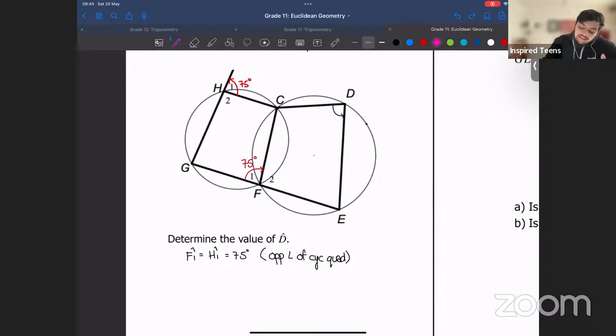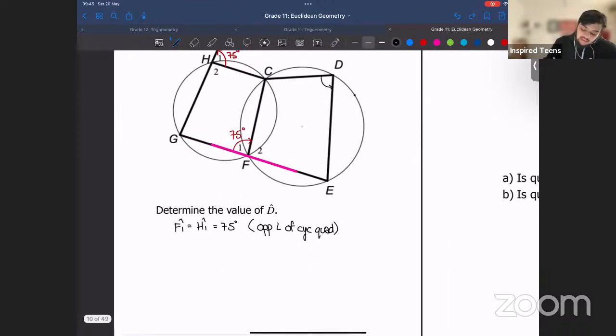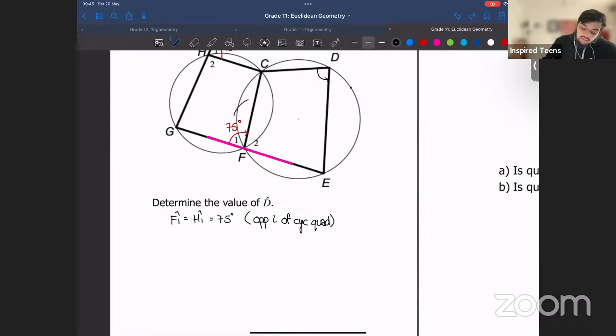Now, because this is a double chord indicating to us a straight line, F1 is also an exterior angle to the second cyclic quadrilateral, because it's a straight line continuation. So once again, this exterior angle of the cyclic quad is equal to the opposite interior angle at D. So I'm going to say angle D is equal to angle F1, which is equal to 75.